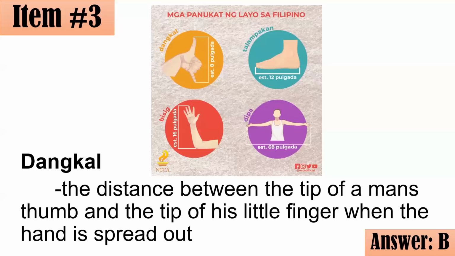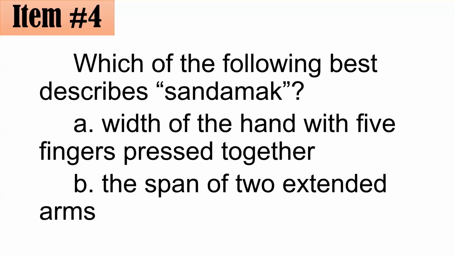Pabilisan po. Number 4. Which of the following best describes sandamak? Is it A, the width of the hand with 5 fingers pressed together, or is it B, the span of 2 expanded arms? A or B? Paki-comment po. Sandamak. Okay. For number 4, some answered letter A and some of you answered letter B. Okay?